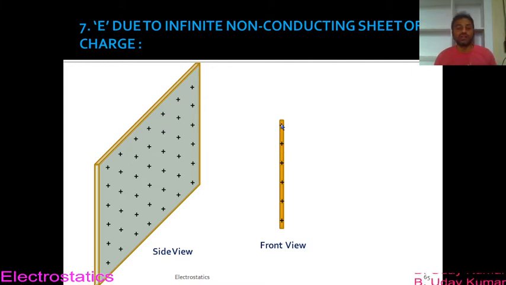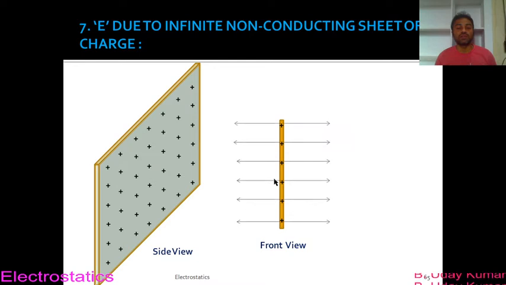Now, since the charge that is distributed on it is taken as positive by me, the electric lines of force will be like this, directed outwards. The charge present on this sheet is positive, and hence you already know that for positive charges, the electric lines of force are directed outwards.